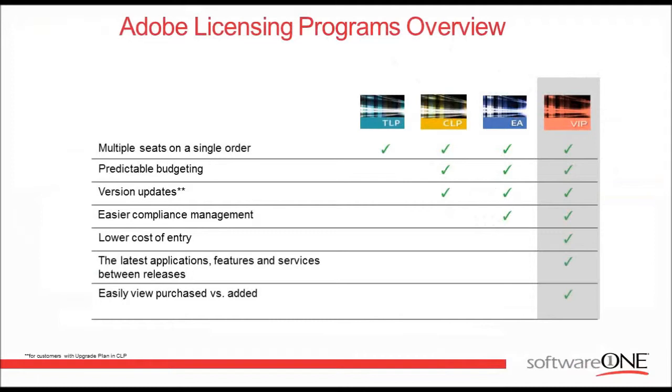So in general, here are your options for perpetual licenses. You have the TLP contract. I equate it to a Microsoft Open contract, where it's a simple one and done contract. You can't repurchase, and there's minimal discount.